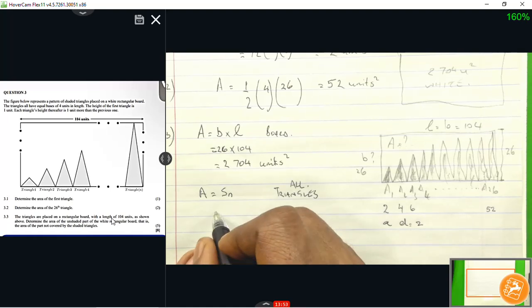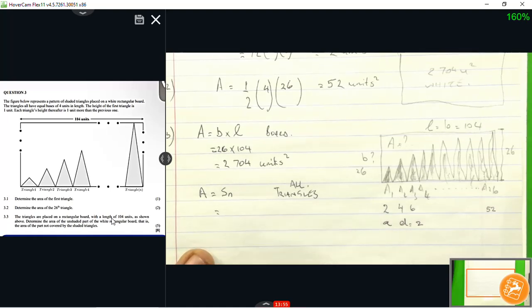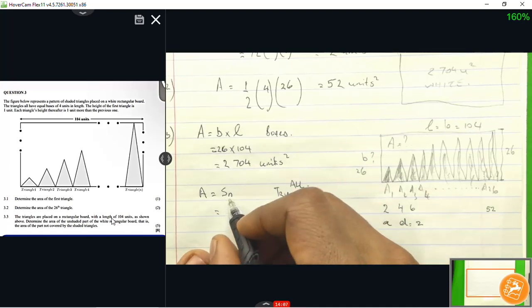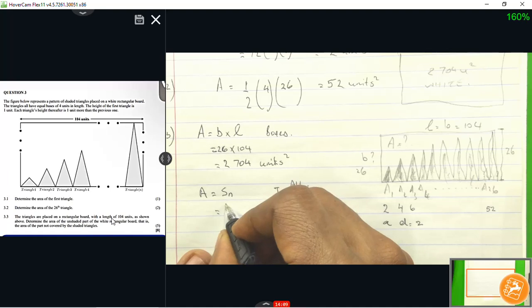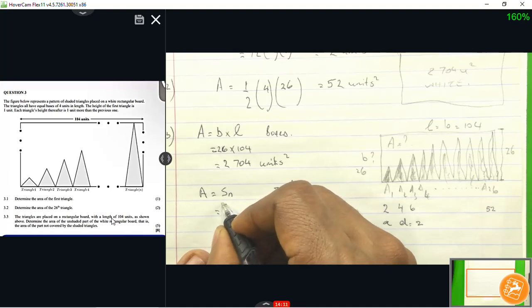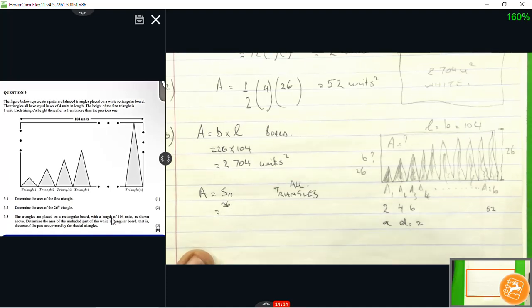So I'm going to have A, n over 2. I can also use this as my last in the other shortened formula. Okay, right, let's use n over 2, which is 26 over 2. Then what else?